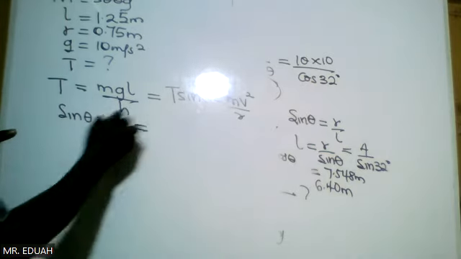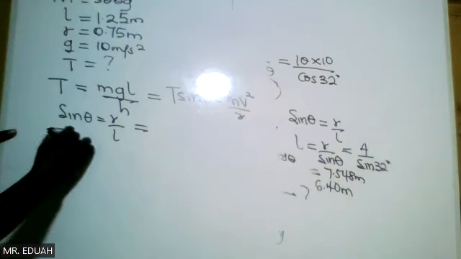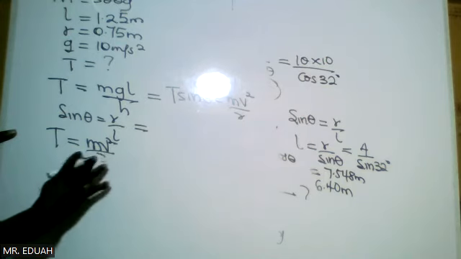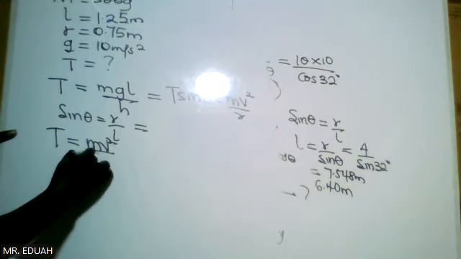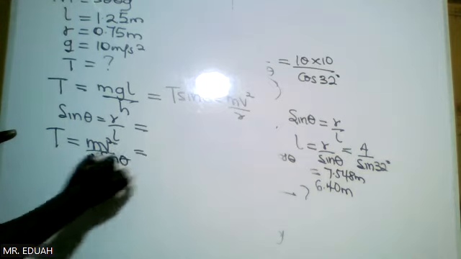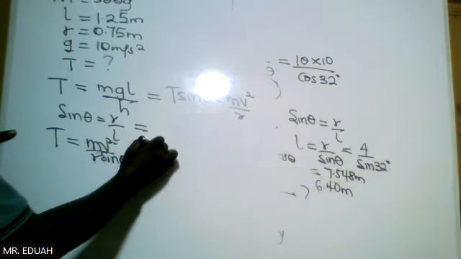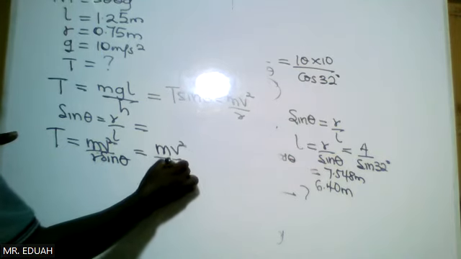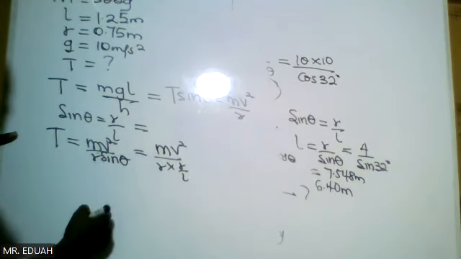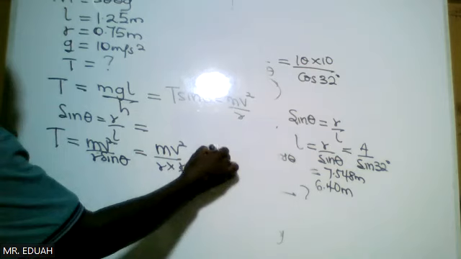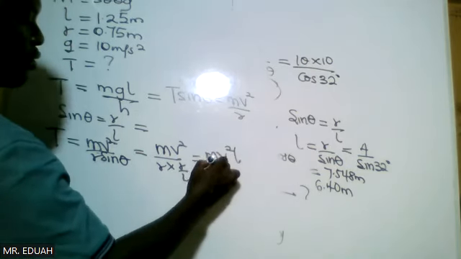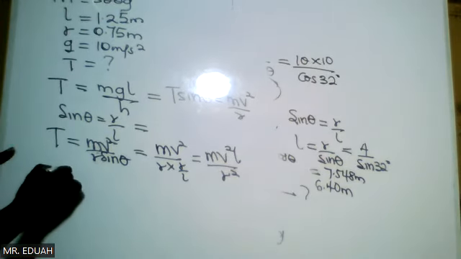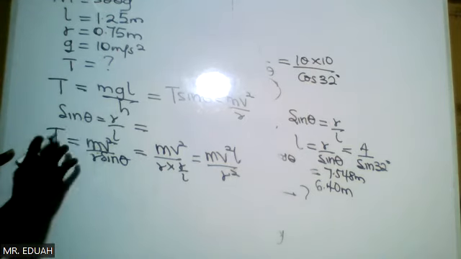So T is equal to MV squared on R divided by sine theta, which gives MV squared L over R squared. So when we find V, we can also use this to find the tension.